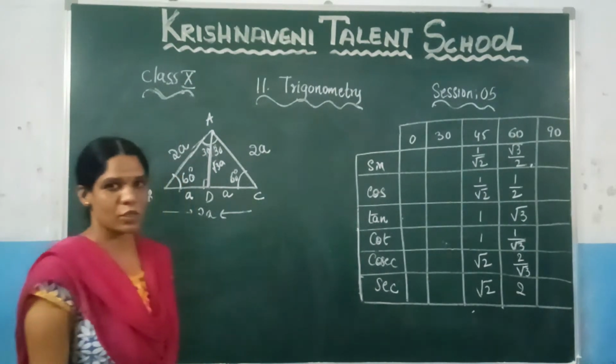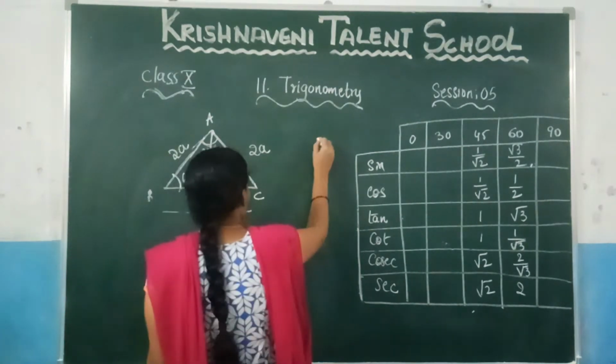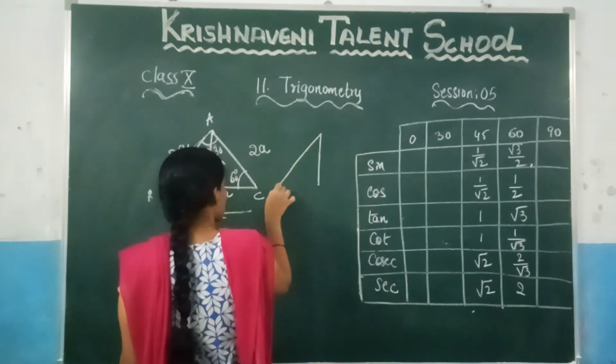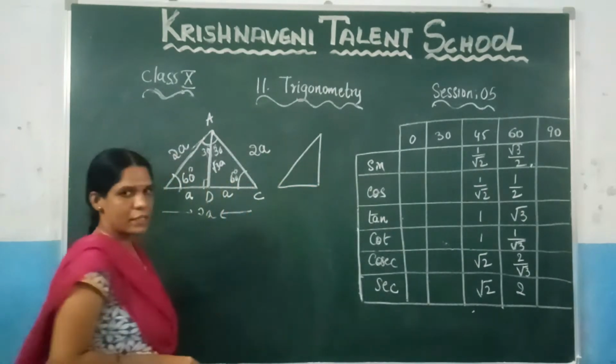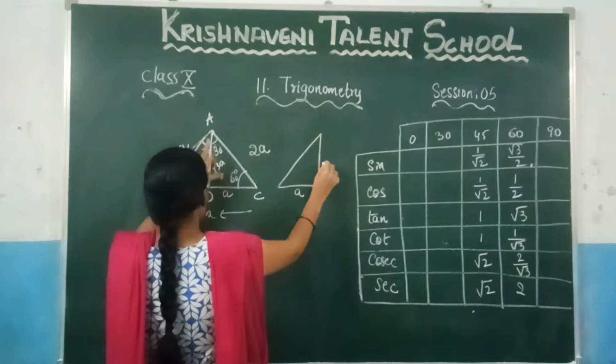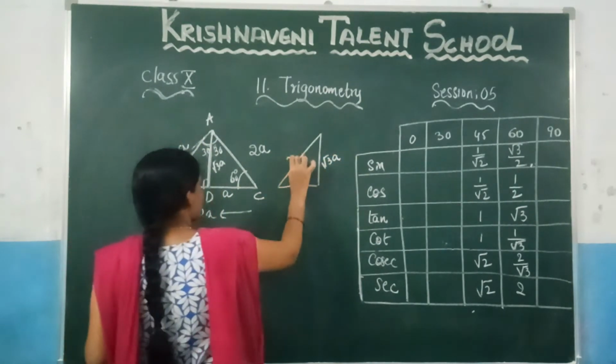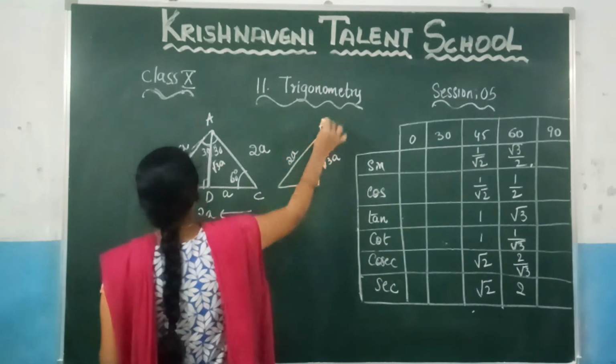So how to find the value of 30 degrees? Again, consider the right angle triangle. Write the sides. What are the sides here? a. And what is this side length? Which is nothing but root 3a. And what is this side length? Which is 2a. What is the name of the triangle?